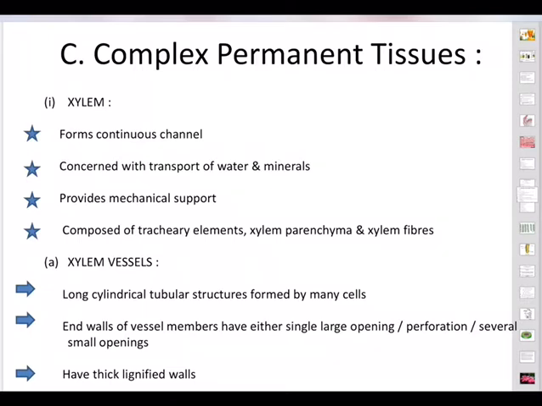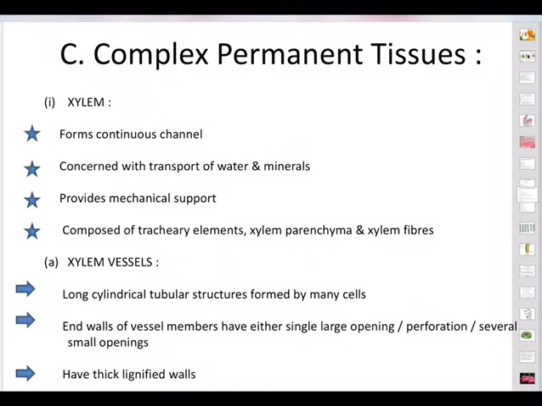That means the root has to break the big rocks, stones, pebbles, all that, and penetrate down the line. Sometimes the water may be present deep down, like something like 100 meters. Still the root penetrates, and now the xylem starts making the transport system. So it forms continuous channels, like you must have seen in your own town, the water pipelines, like that.